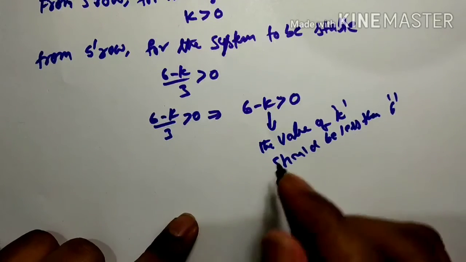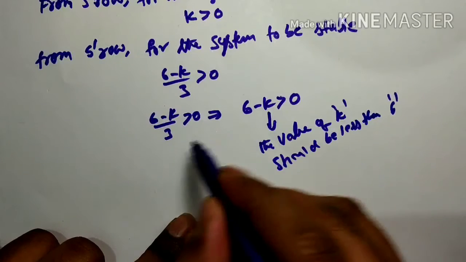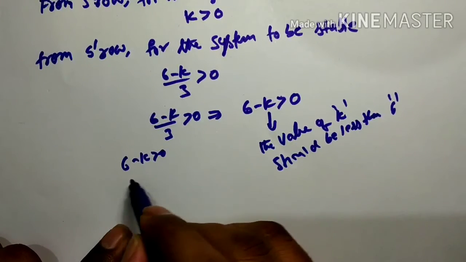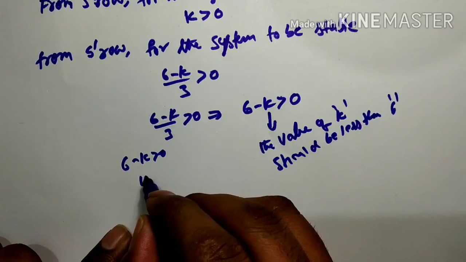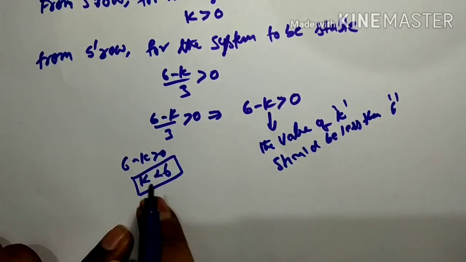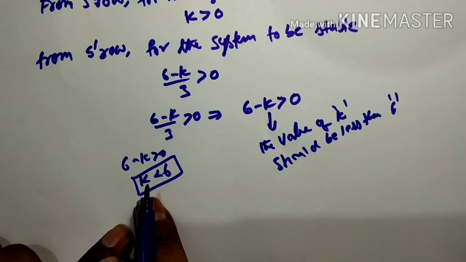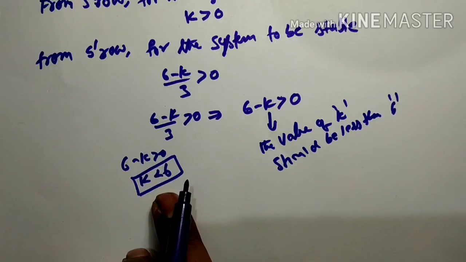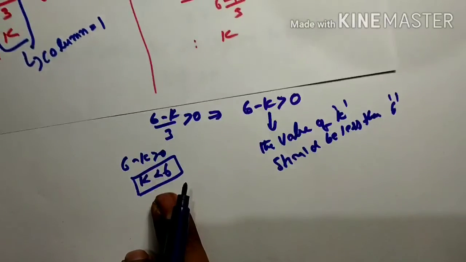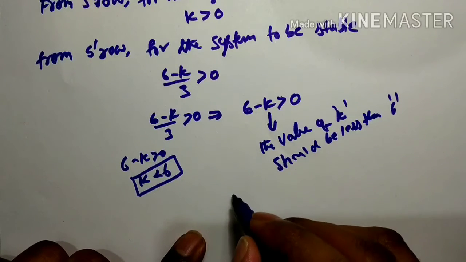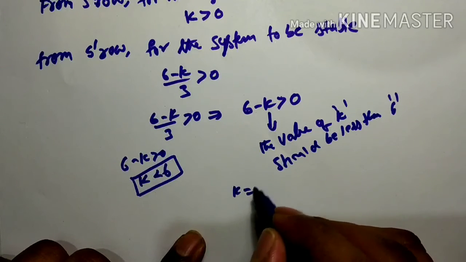Okay, so now what happens, if we take 6 minus k and send it to this side, k should be less than 6. Now you just understand here. Suppose you take k equal to 1.